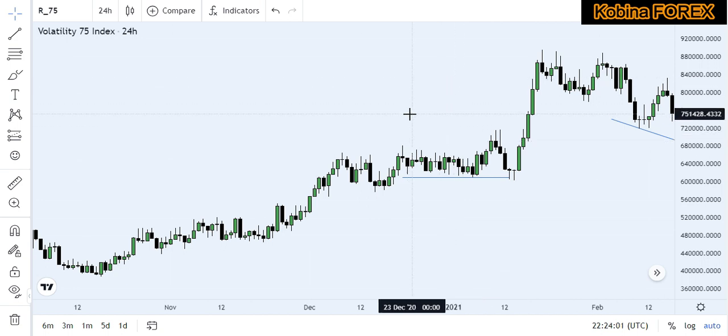Let's look at liquidity runs. As I explained in my previous video, in accounting or finance, we look at liquidity as anything that has to do with converting assets, how quickly you can convert any asset into cash. Every trader on the market is looking for cash. How quickly they can convert any asset they have put on the market into cash is what they are after and nothing else.